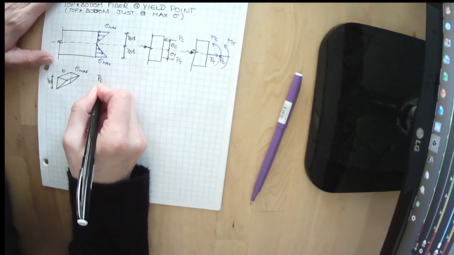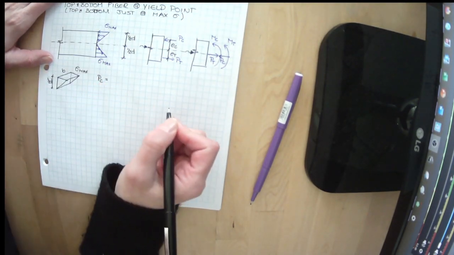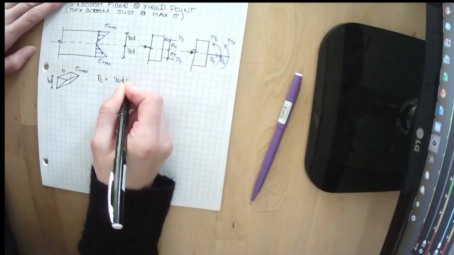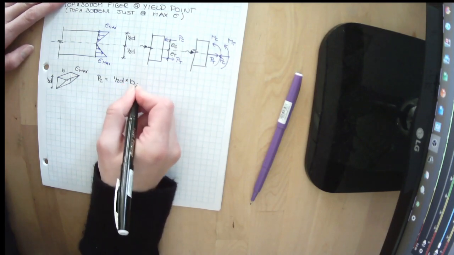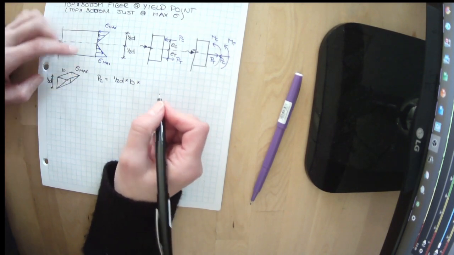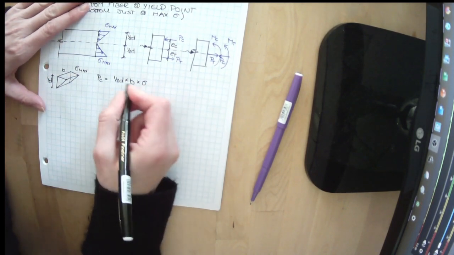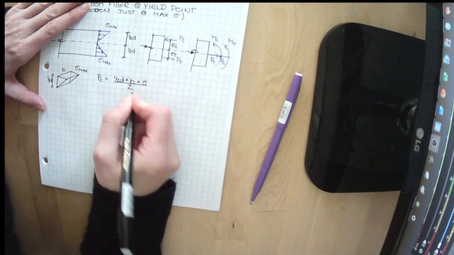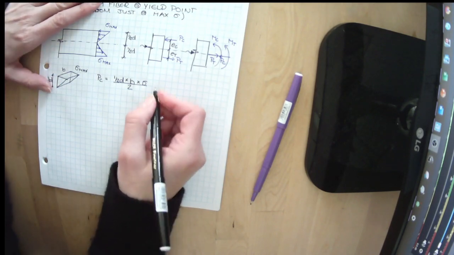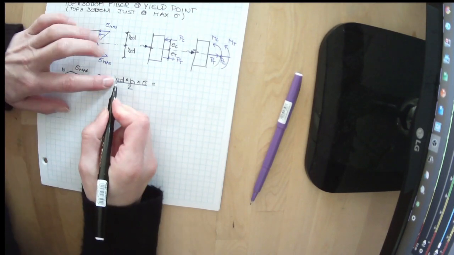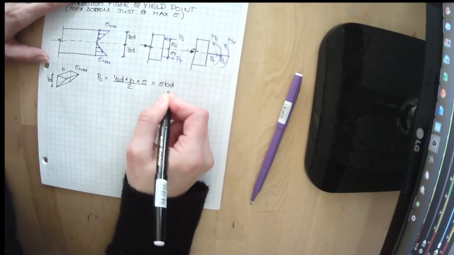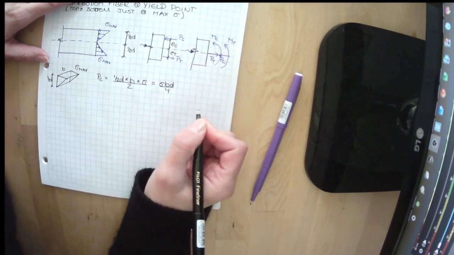So PC equals 1/2 D times B, so the width into the page, times the other leg of the triangle, or our stress. But because it's a triangle, it's divided by 2. It's not a whole rectangle here, it's a triangular distribution. Or we could say that that's the same thing as stress BD over 4.